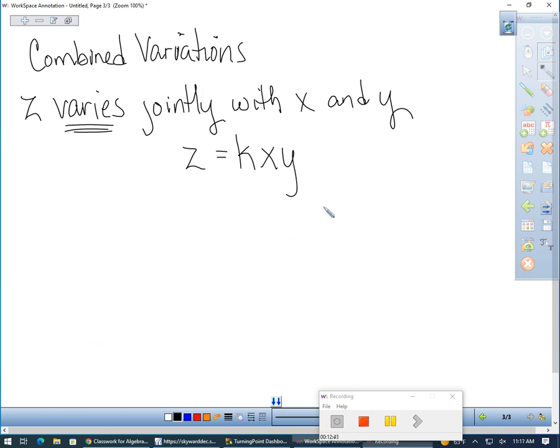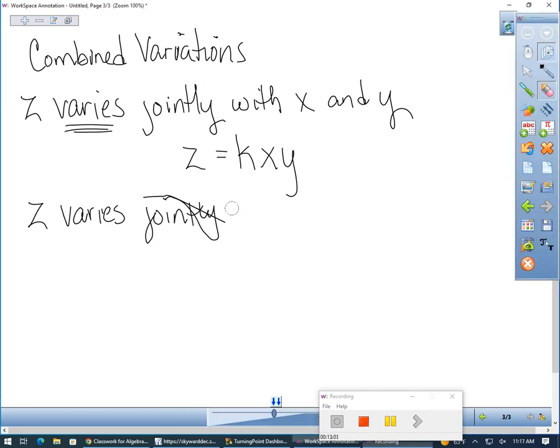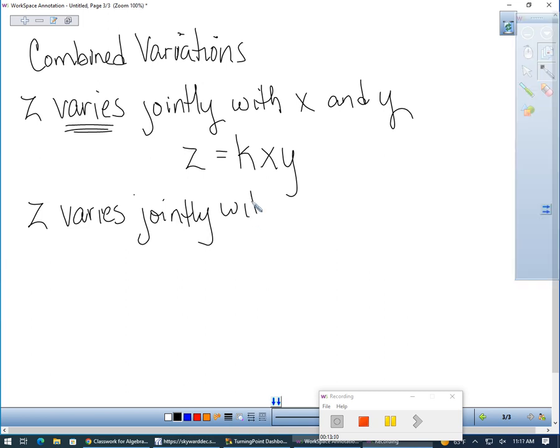Let's try a different one. How about if I say that z varies jointly with x and y, and inversely with w. Sorry about that, my phone went off. Let me try that again.